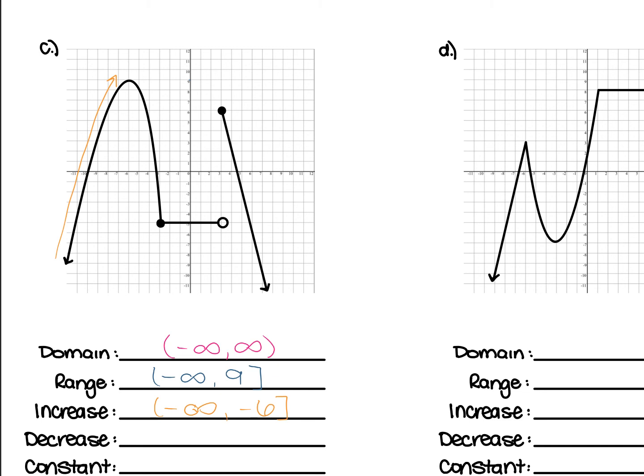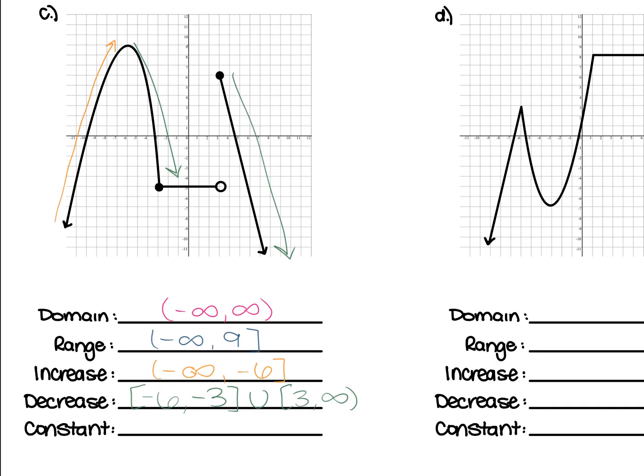And then you're going down from -6 to -3. Get a bracket on that. And then with the union between 3 to positive infinity. Lastly, you do have a constant between -3 and positive 3. The -3 is going to get the bracket. The positive 3 gets parentheses since there's an open circle on that one.